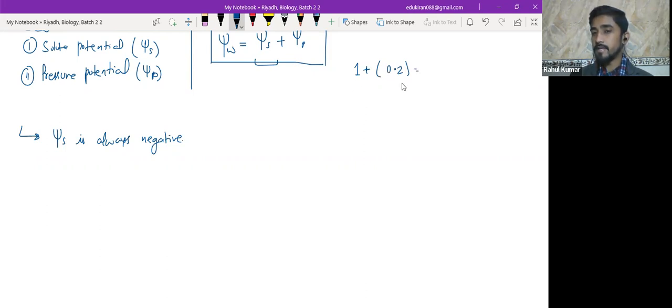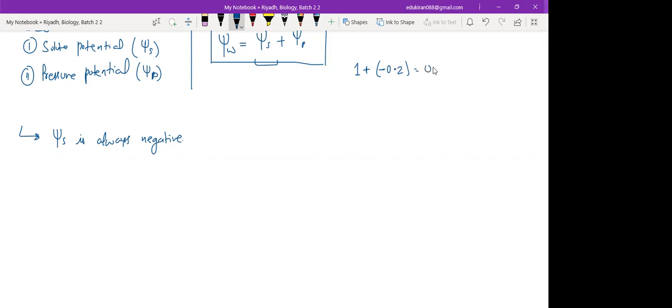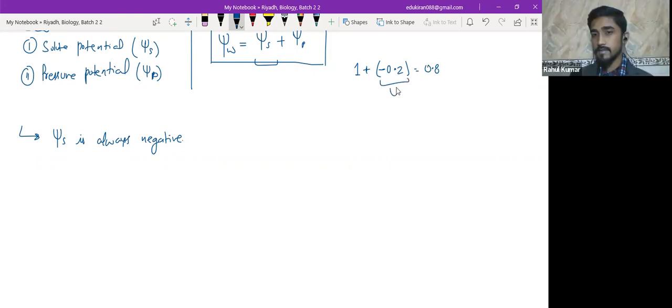But if this entity that I'm adding is always negative, then what will it become? Negative. Yes, 0.8, correct? So this is your solute potential. If this is the water potential of pure water, then this has to be solute potential because it's always negative and always bringing it lower. Therefore, all the solutions have a lower water potential than pure water. Now that's easy to understand.